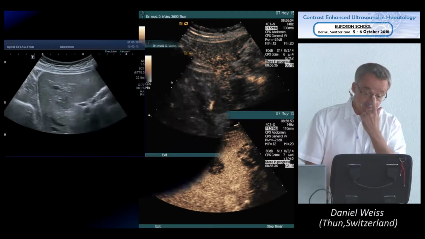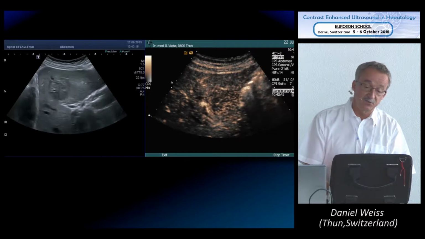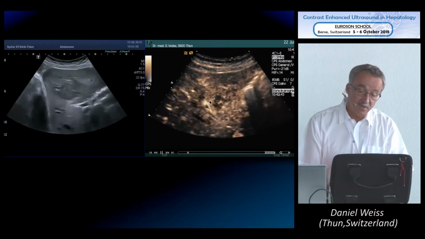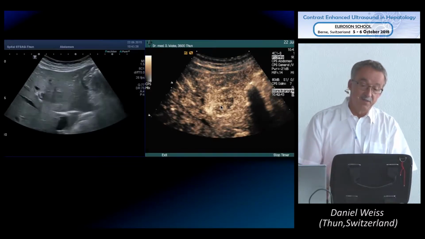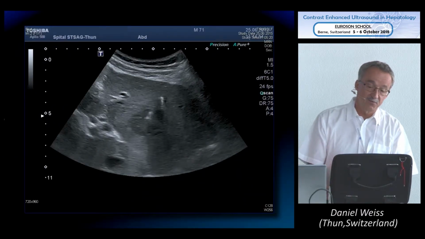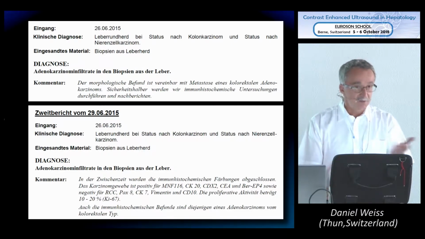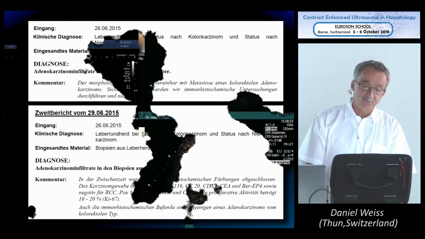And this makes it difficult for the biopsy. So what you have to do, you have to look exactly where is the washout area, and then you do your biopsy exactly where the washout area has been, and you see this is a metastasis of this colon cancer.